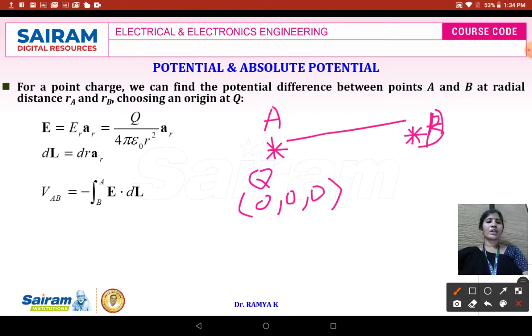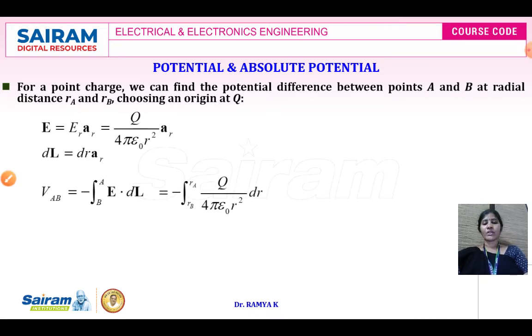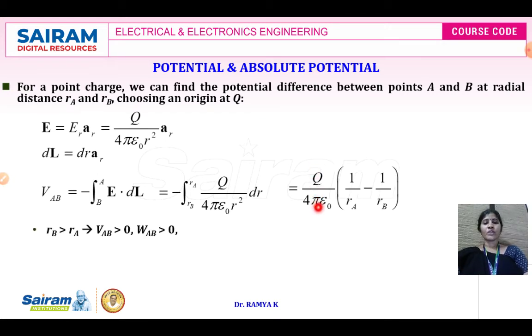From point A the charge needs to be moved, and the potential obtained is VAB, with distance RAB, the end distance minus the start distance. Once identified, the potential between the two points is Q divided by 4 pi epsilon times (1 by RA minus 1 by RB), if we move the point charge from point A to point B.